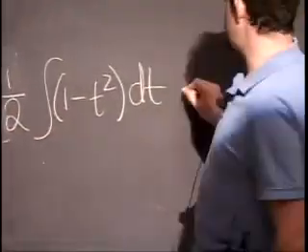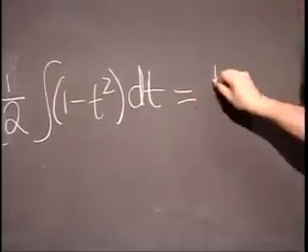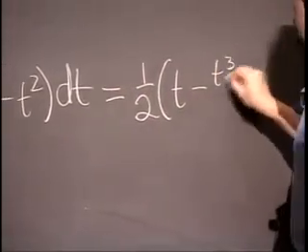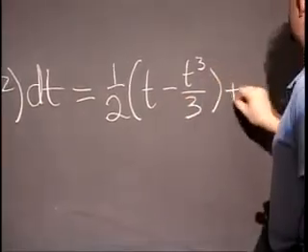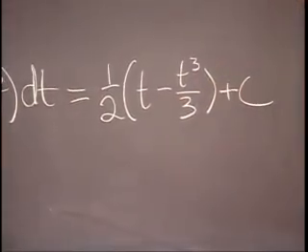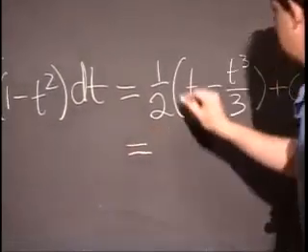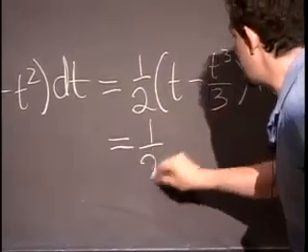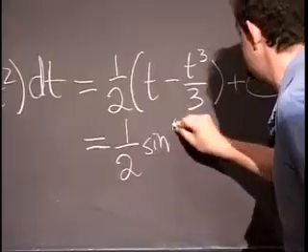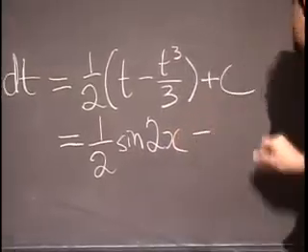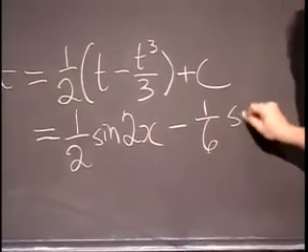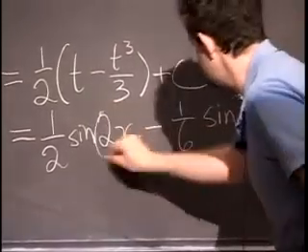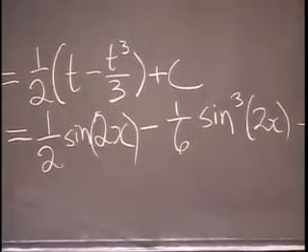So this is a fairly straightforward integral. It's 1/2 outside of t minus t cubed over 3 plus a constant. And that, when t is sine of 2x, this becomes 1/2 sine 2x minus 1/6 sine cubed 2x plus a constant.